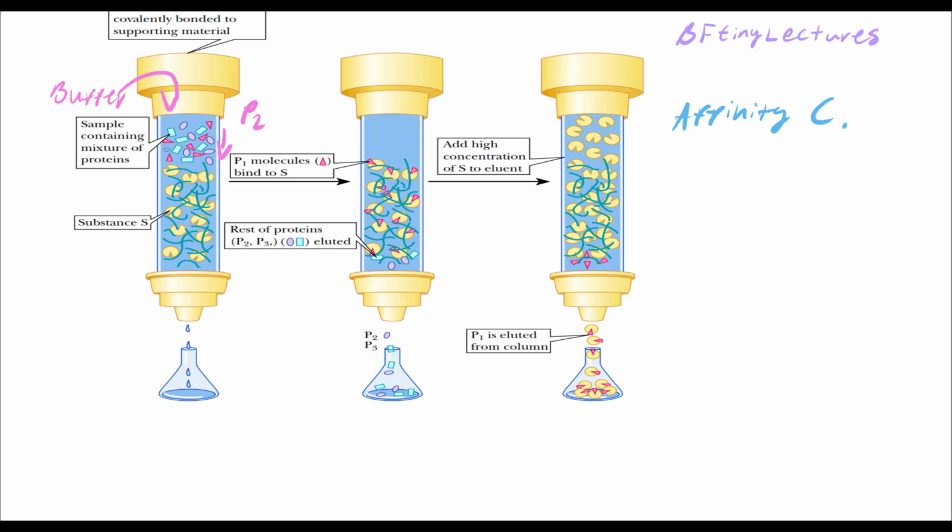So as the material passes down, the organelles in this example connect to the substance S, okay? And the proteins, they don't really like substance S. They actually hate it. So they try to push themselves away from the substance, depending on the experiment.